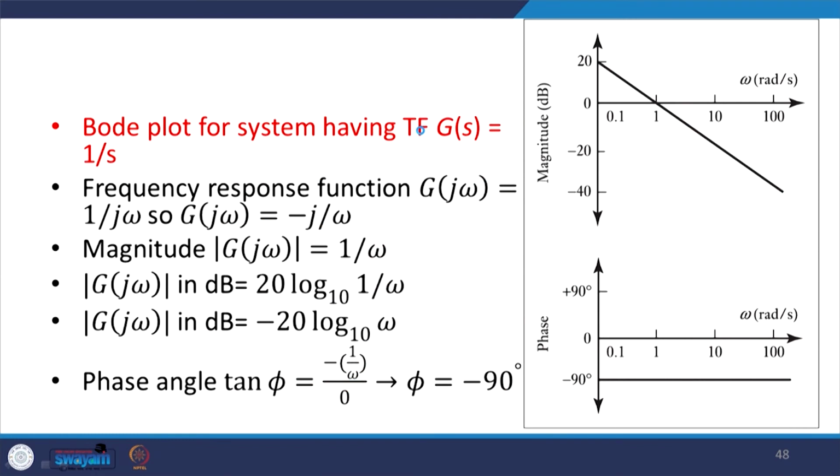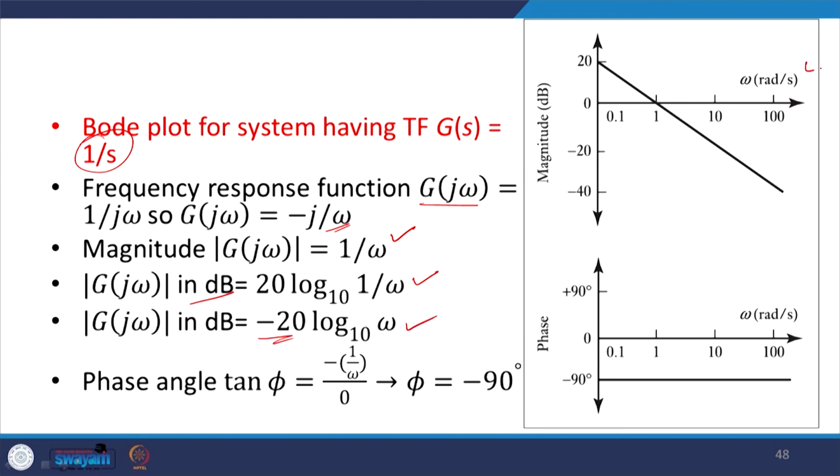Now, if my G(s) is equal to 1 by s, then again I can find out G(jω) as 1 by jω, and I can write it in the complex form like this, and its magnitude will be 1 by ω, and magnitude in decibel is going to be this one, or I can write it like this basically. Okay.